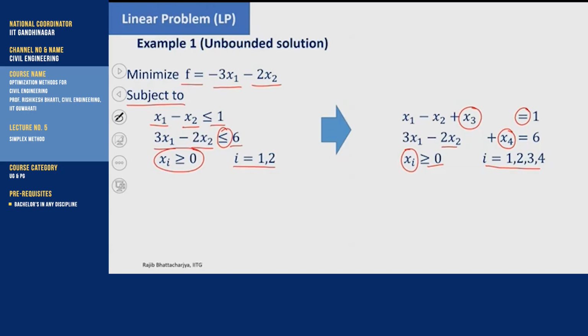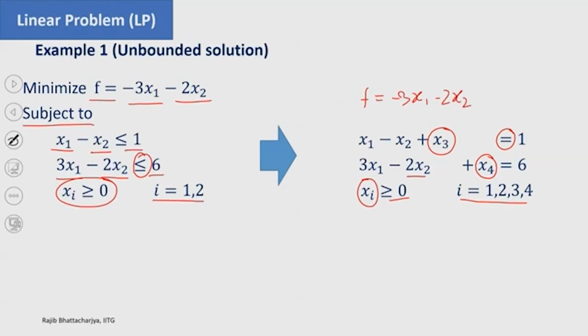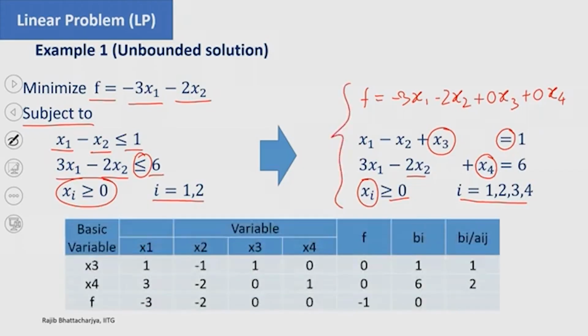So, I can also write the objective function here. Now the objective function will be minus 3 x1 minus 2 x2 plus 0 x3 plus 0 x4. Okay. So, this is my objective function. Now, my problem is in standard form.